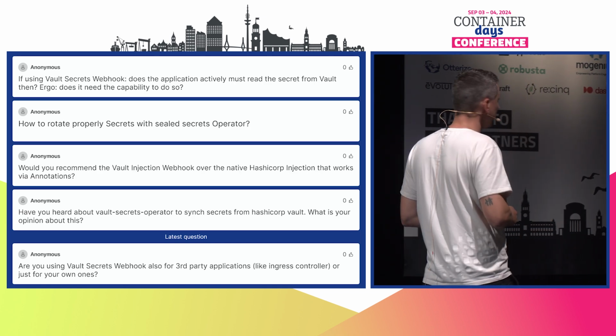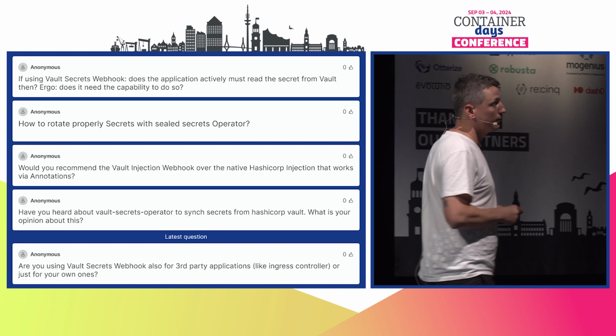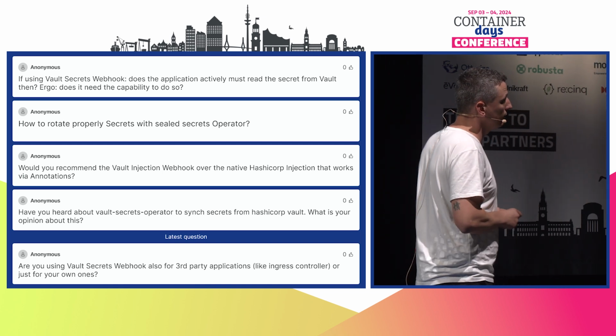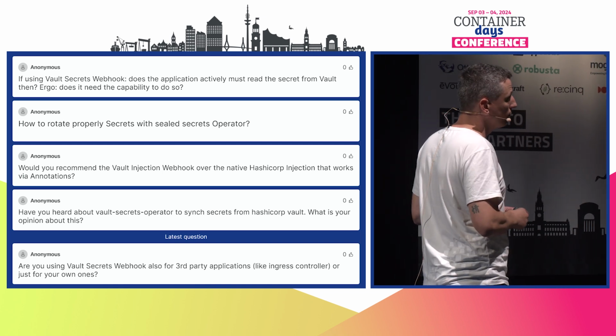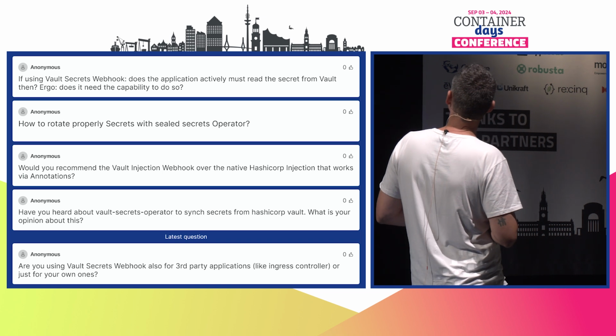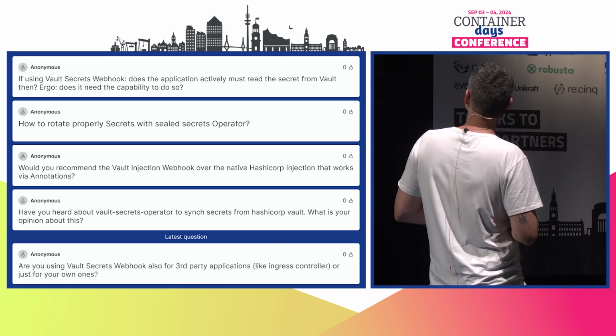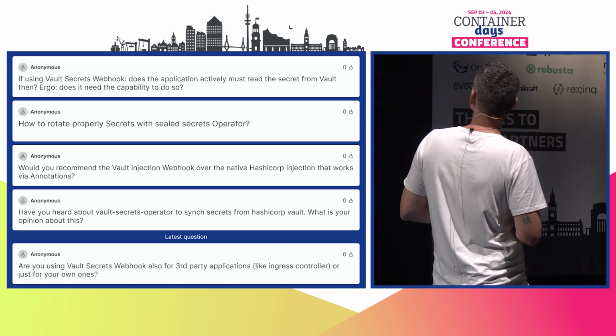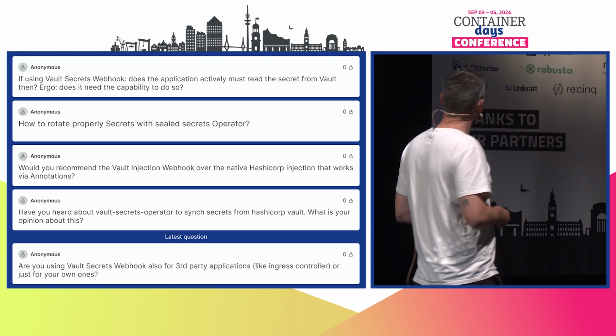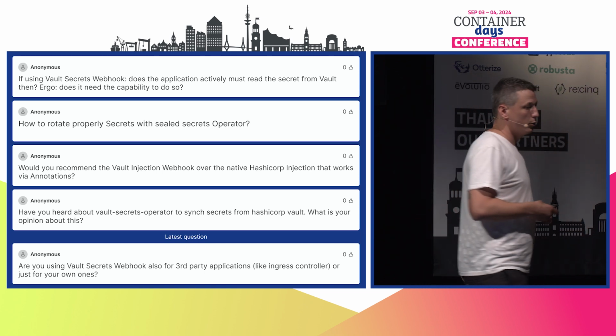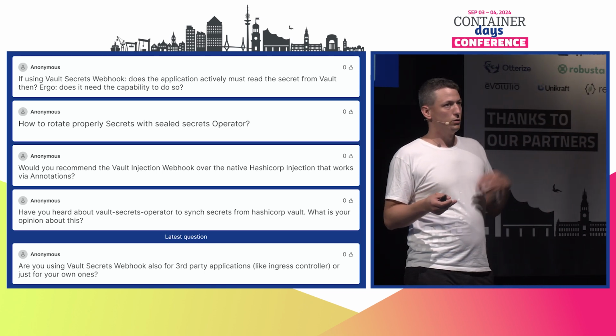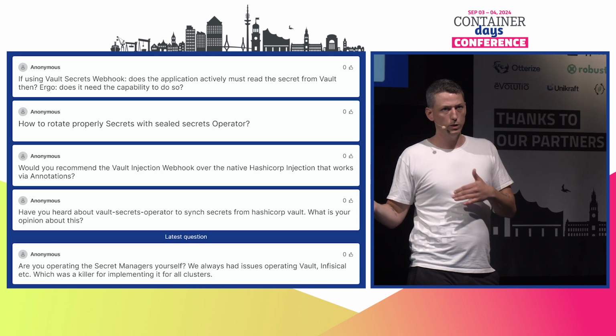If using Vault secret webhook, does the application actively have to read the secret from Vault? Does it need the capability to do so? I think the question is around how the actual workload authenticates against Vault.